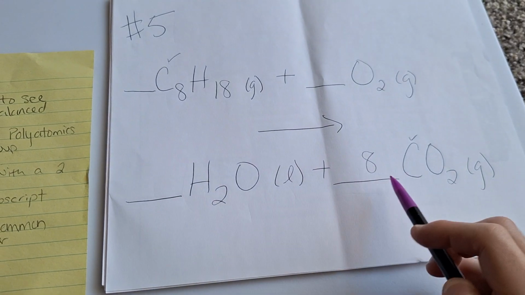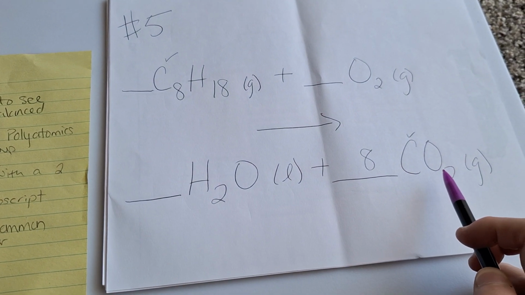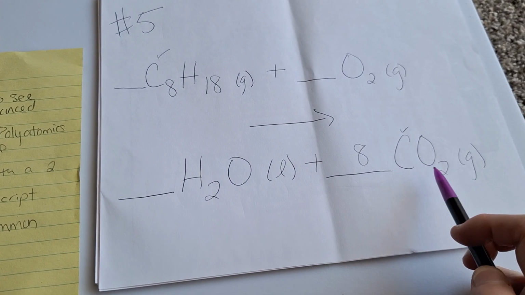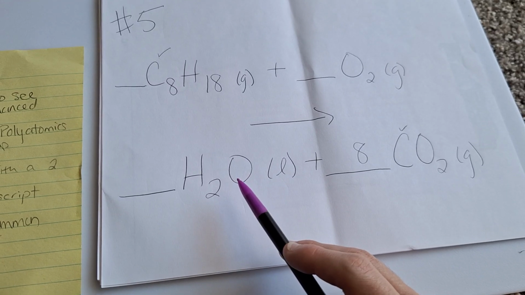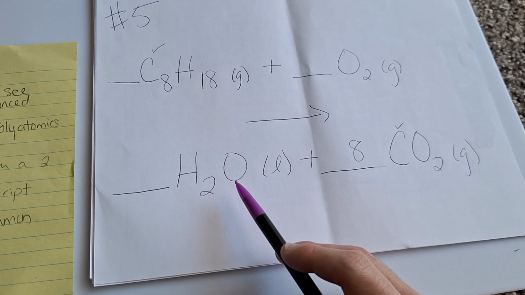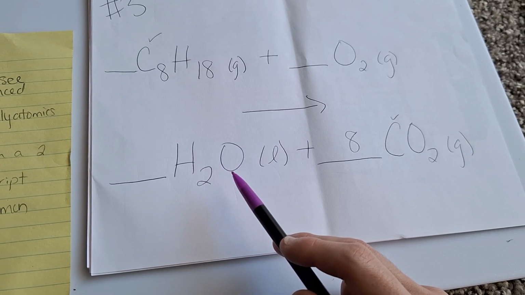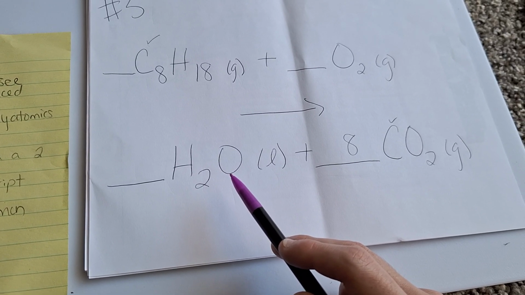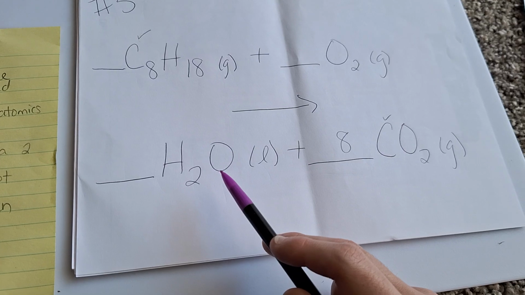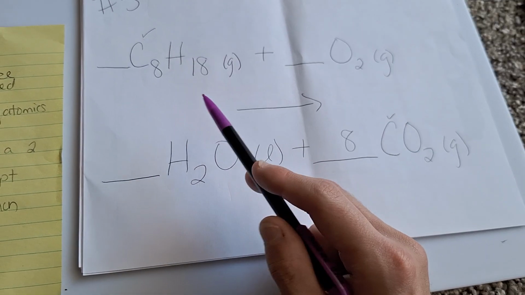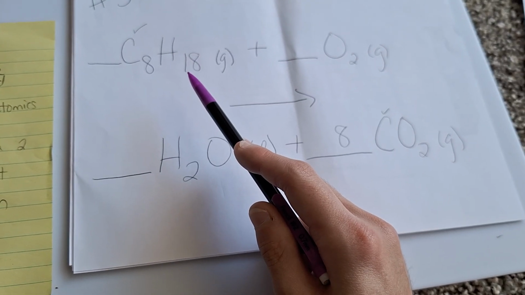Okay, but now we have 16 oxygen here, right? Plus 1 there, so that's 17. But what we also have is 2 hydrogen here, 18 hydrogen here.